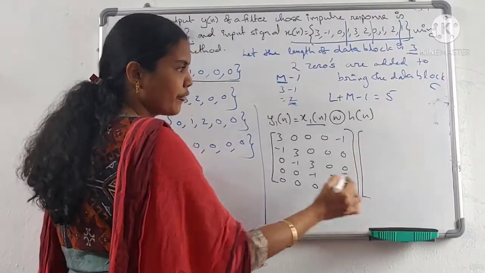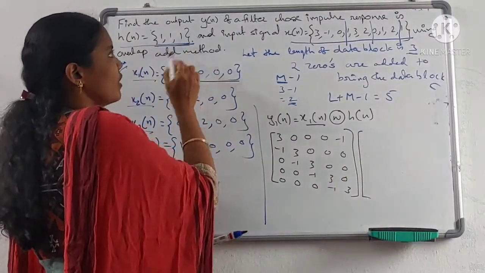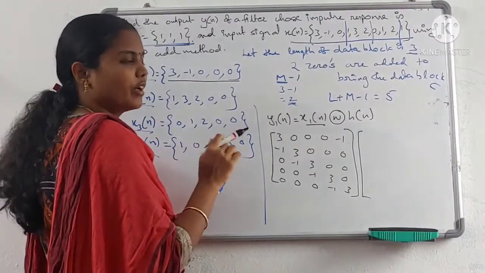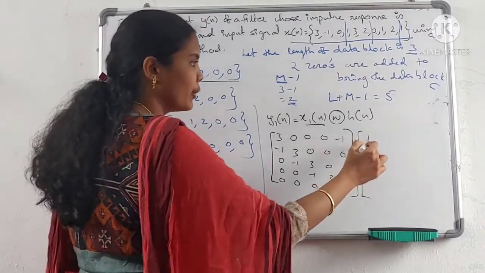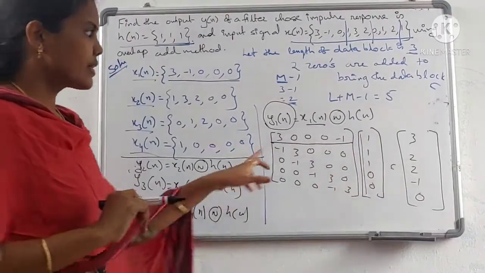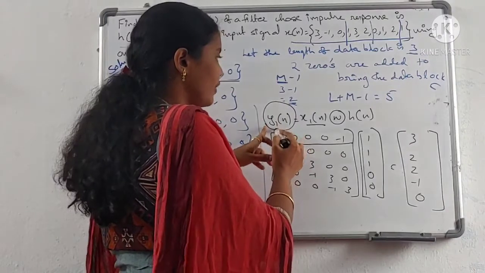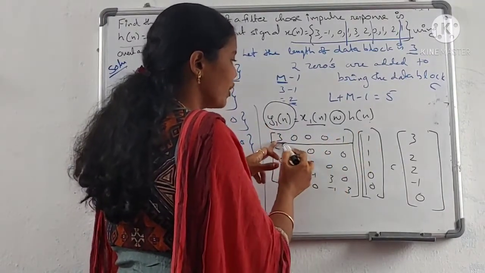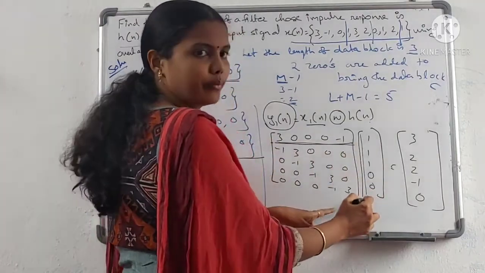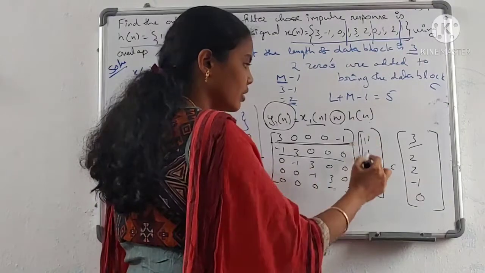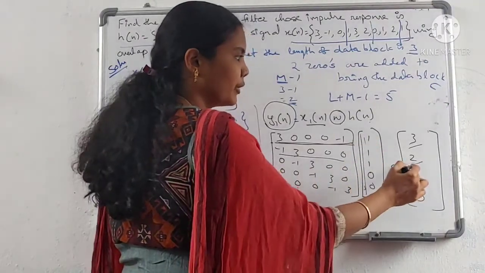What is h of n? h of n is 1, 1, 1, three ones, so to equate the length you have to add 2 zeros. So y1 of n is x1 of n circular convolution with h of n. Multiply the first row with this column and you get the value 3. The second row multiplied with this column gives 2.